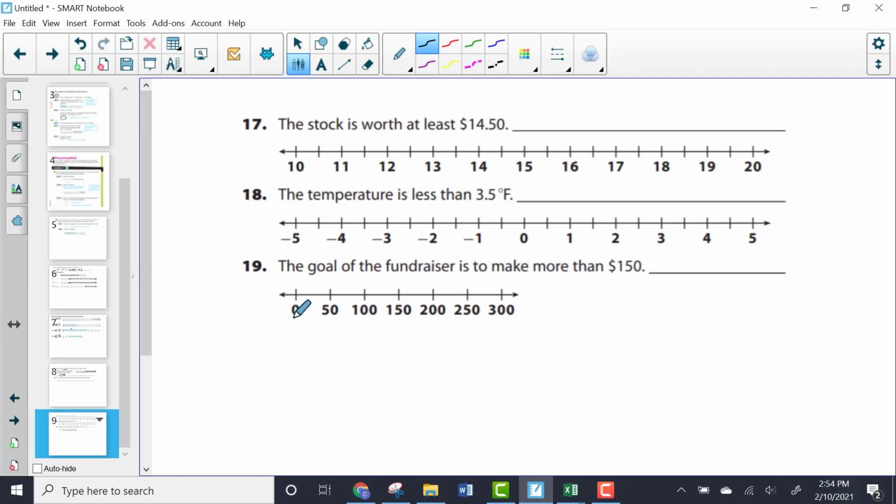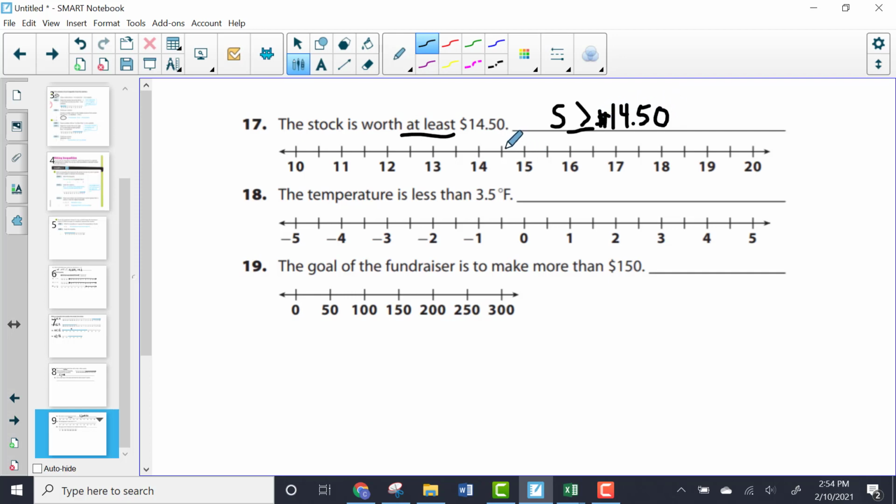Let's look at number 17. We'll do this together. It says the stock is worth at least $14.50. When you see the words at least, that's showing that it's going to be the greater than or equal to part. So the stock is worth at least 14.50, and that would be the inequality.